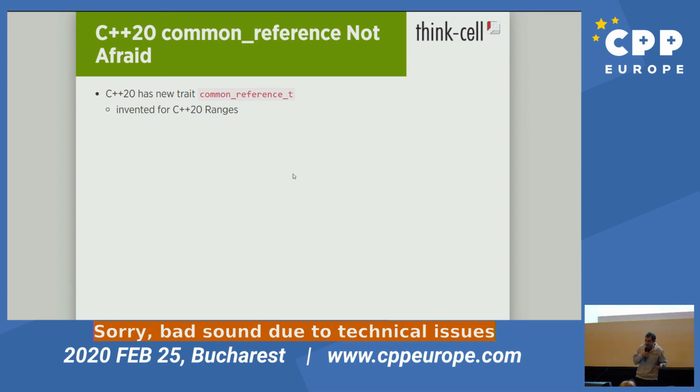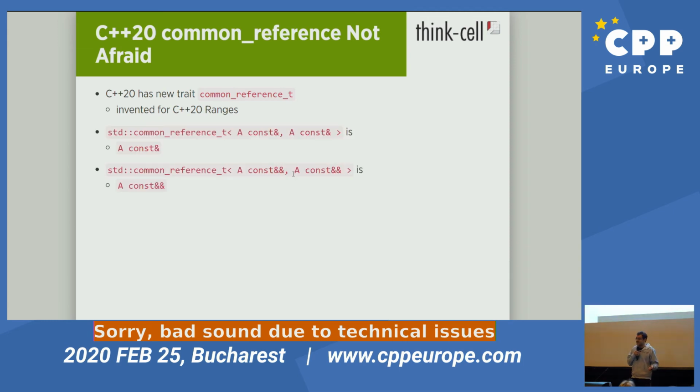So you have the task, naturally, to come up with a common type, a common reference, because you have two references. The iterators typically return references, and so you need a common reference. This is a bit like common type, which we also already have in the standard. But a common type is always a value. This one is not. This one can be a reference. That's what we need for the iterators.